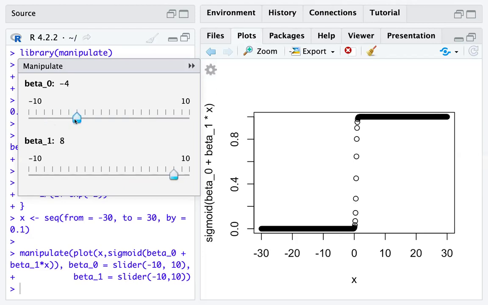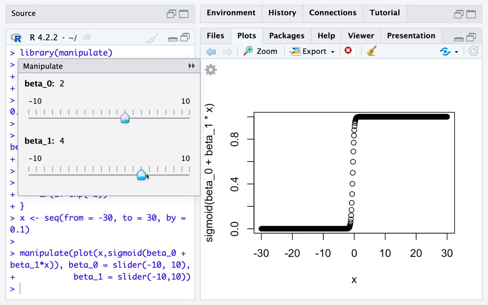As beta 0 gets bigger, the function gets shifted to the left. Maybe we can see better with small beta 1. So you see, I'm simply shifting the graph with beta 0.